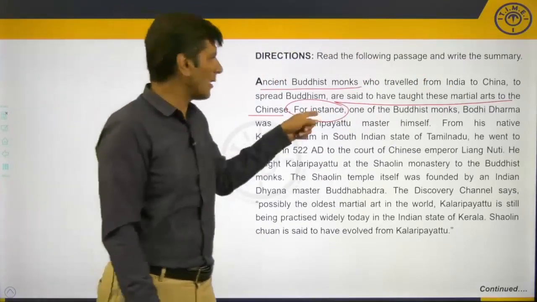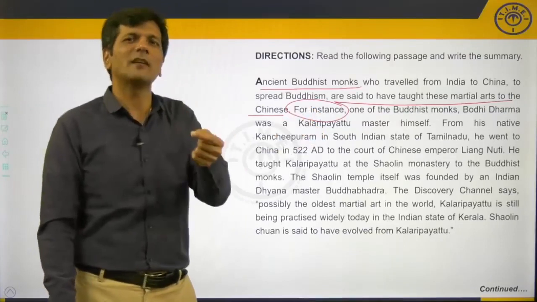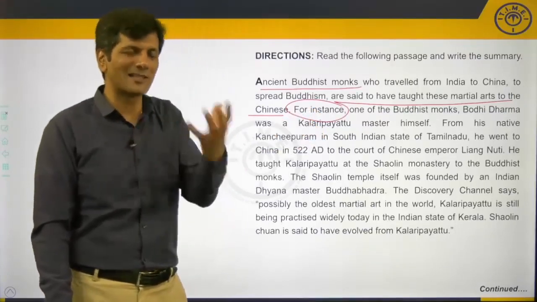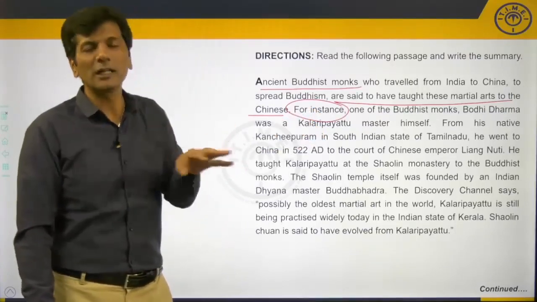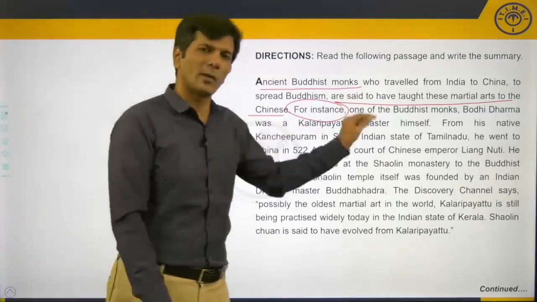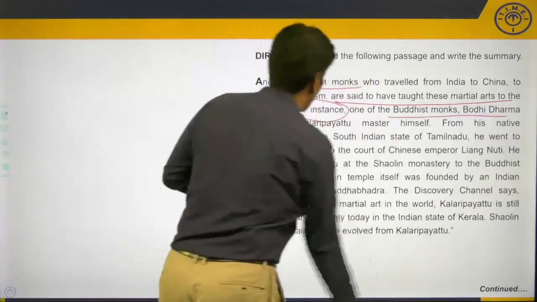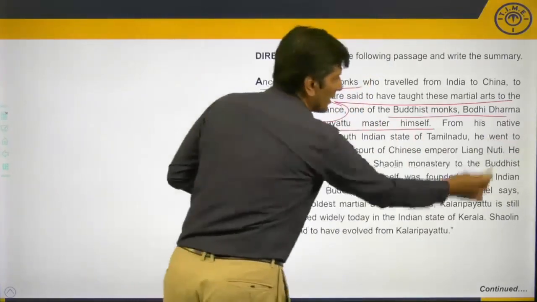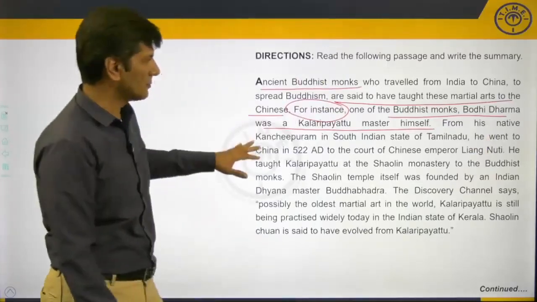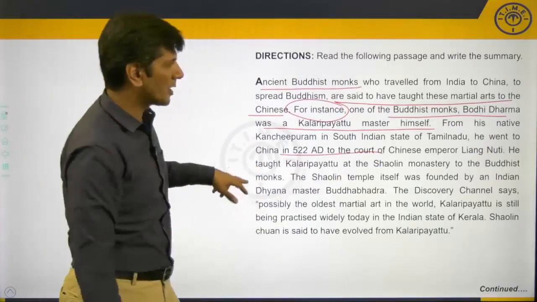If you ask me, I wouldn't really spend much time reading this at all, because this is just a finer detail, a supporting point, an example per se, not a key takeaway for this paragraph. But for the sake of understanding it, let's give it a quick reading. For instance, one Buddhist monk, Bodhidharma, was a Kalaripayattu master himself from his native Kanchipuram. He went to China, to the court of Chinese Emperor Liang Wudi.